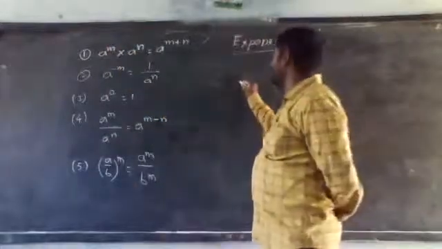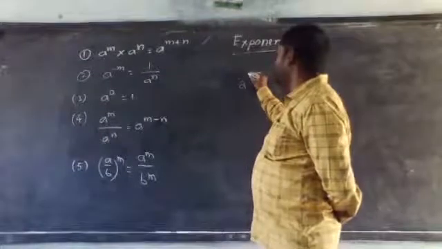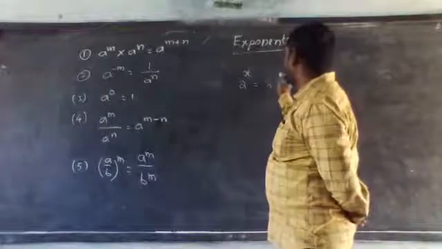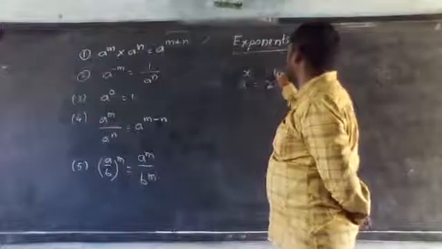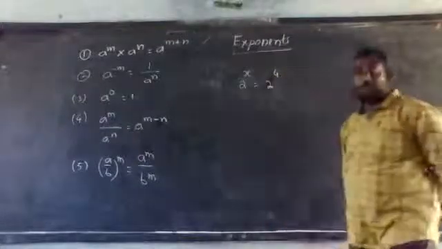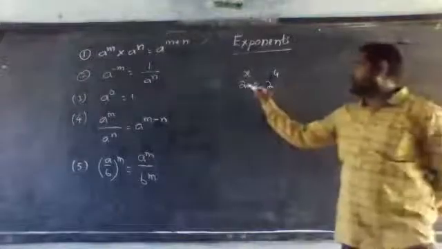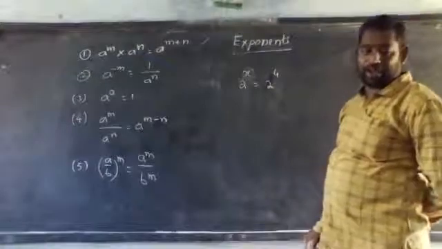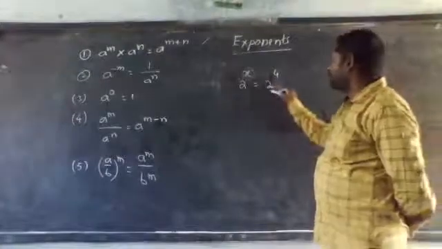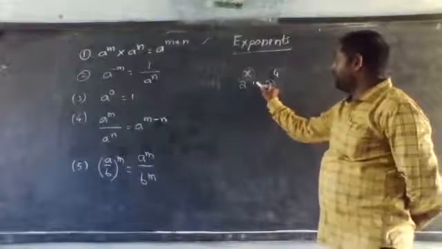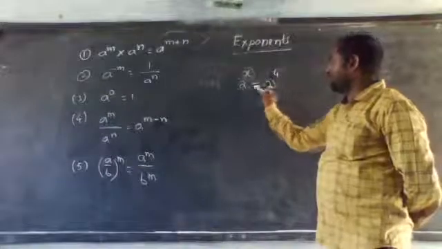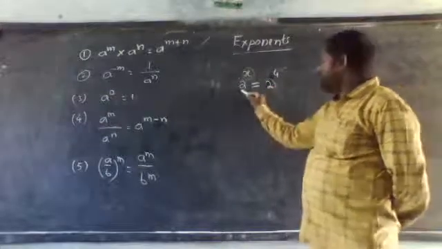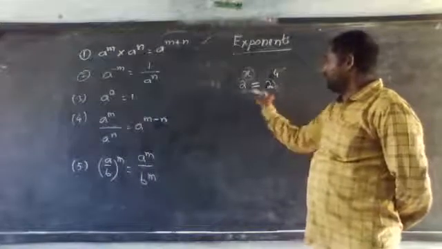So in case 2 to the power x is equal to 2 to the power 4, here 2 to the power x, we don't know the value of x. Here 2 to the power 4. In between the two there is an equal symbol, and these two bases are equal.